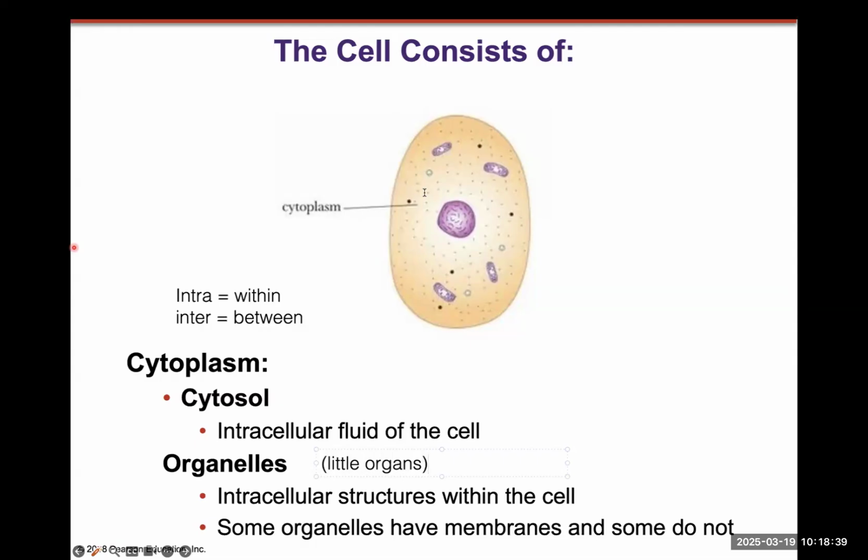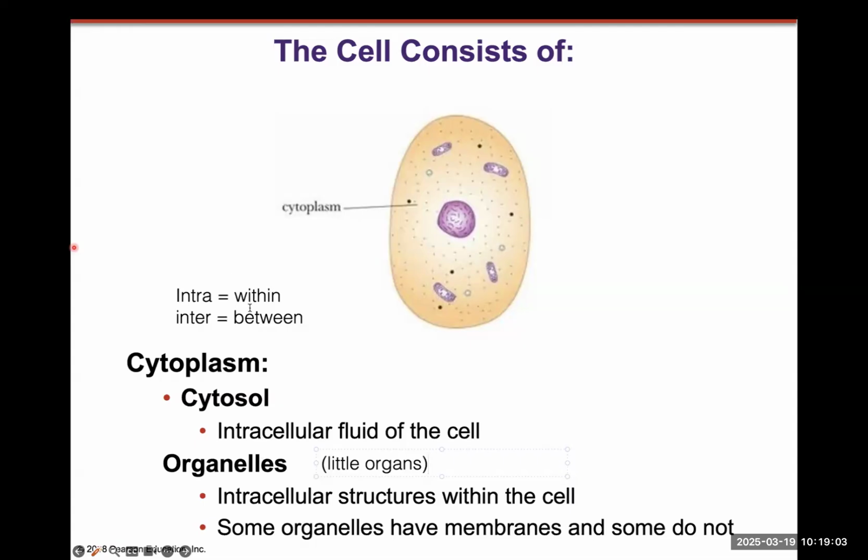You've got your nucleus, your mitochondria, your ribosomes, that kind of stuff. These are little organs inside of that one big organ. They need to function to maintain homeostasis in the cell. So cytosol plus the organelles is the cytoplasm.